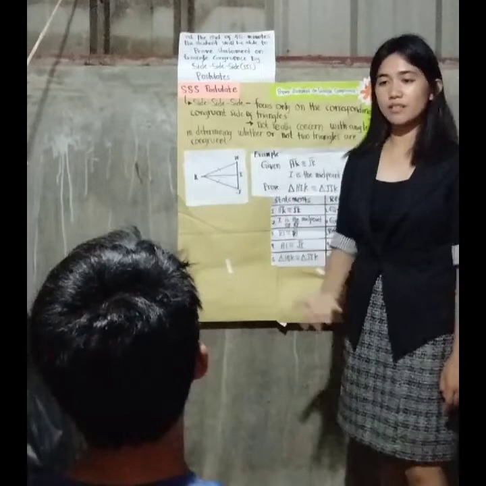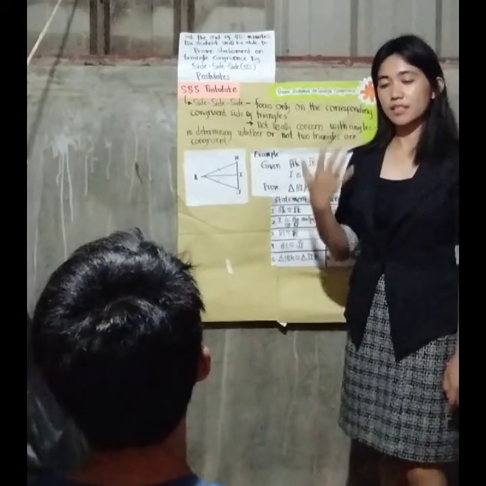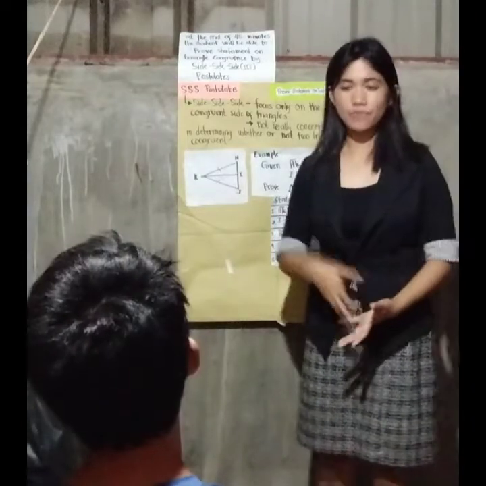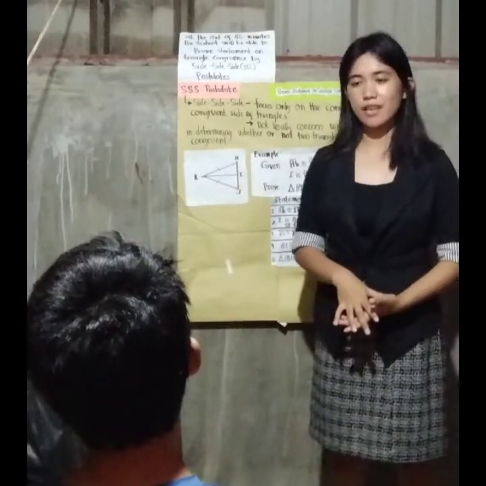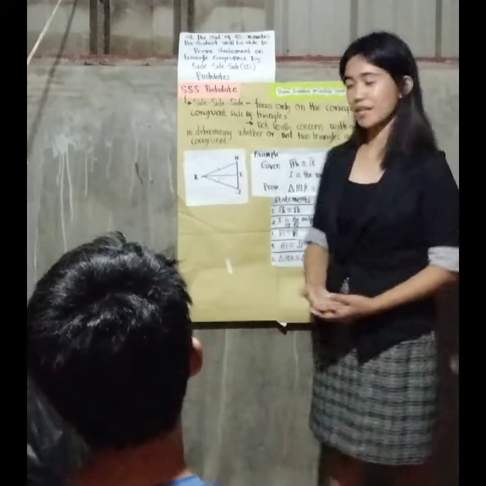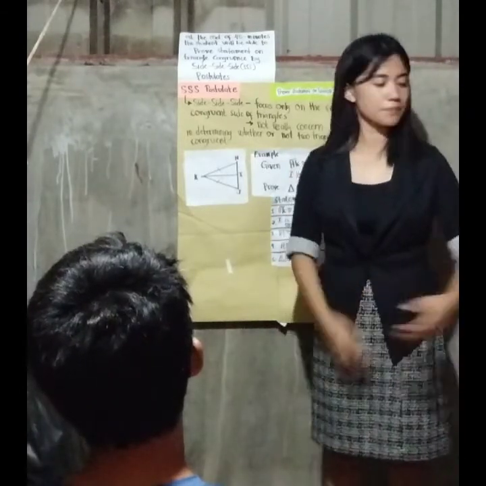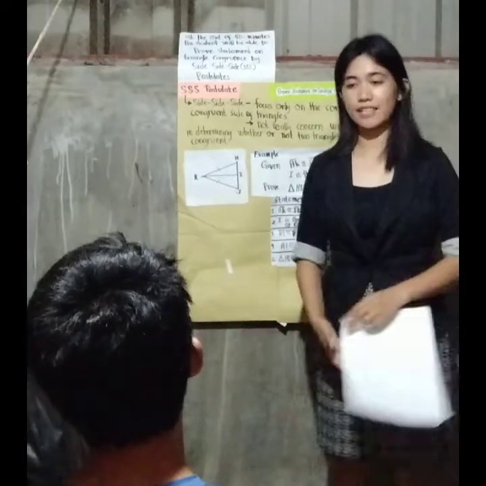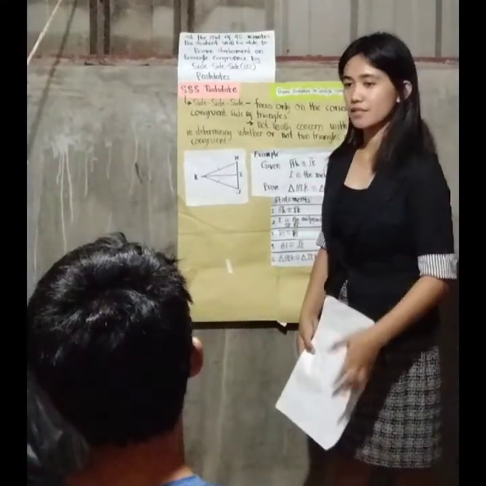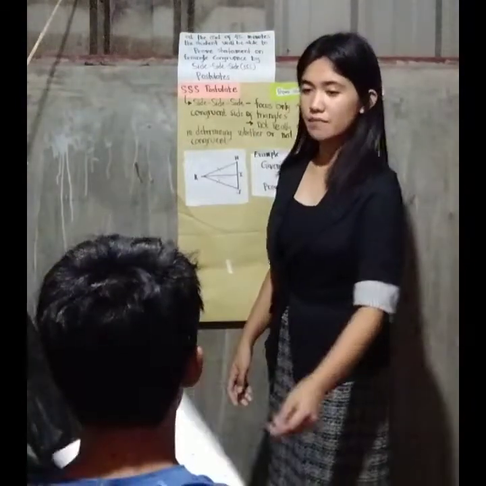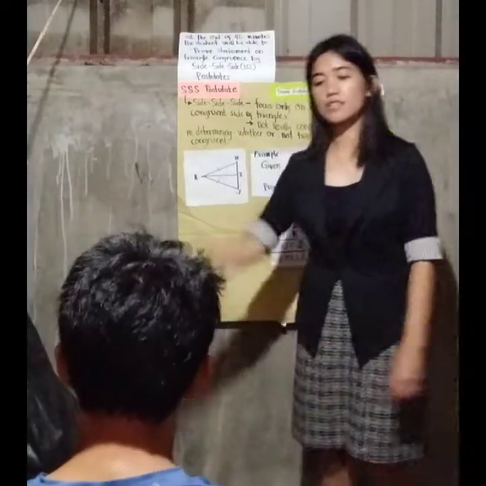Okay, no one is raising their hands, so it means that you understand my discussion. If there are no clarifications and questions, let us proceed to the next activity with the same group. Here are the activity sheets and the directions are given there.